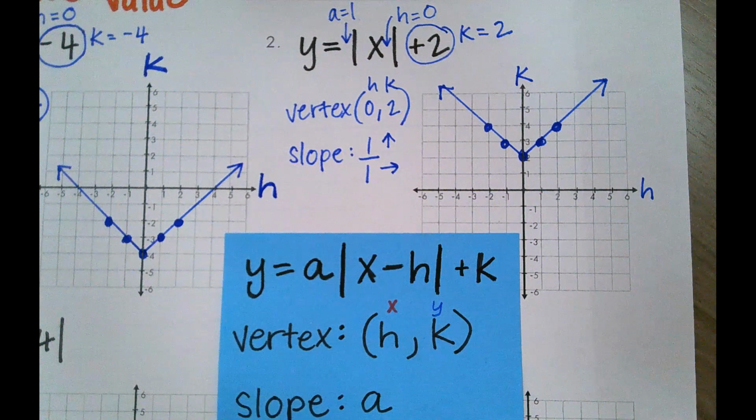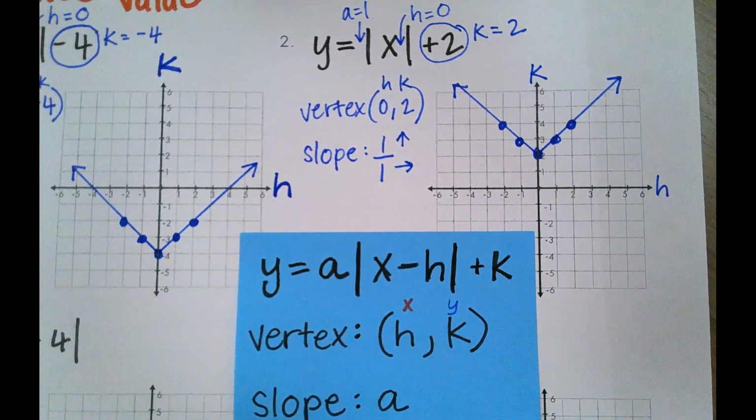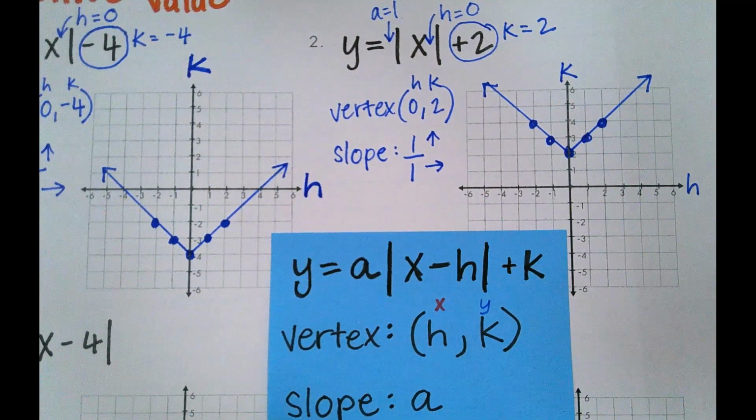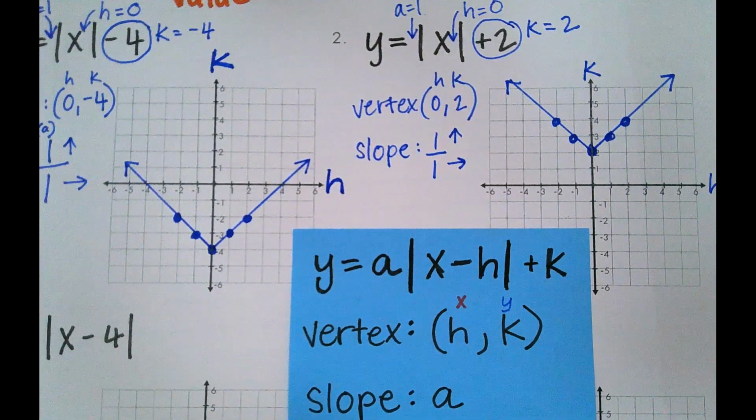We talked about it in more simple terms. This is the technical reason why we're doing that. So why don't we use this stuff that we know now about the vertex, about H and K, about slope, and let's look at number 3.